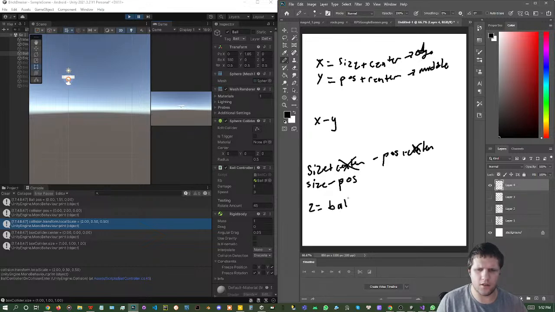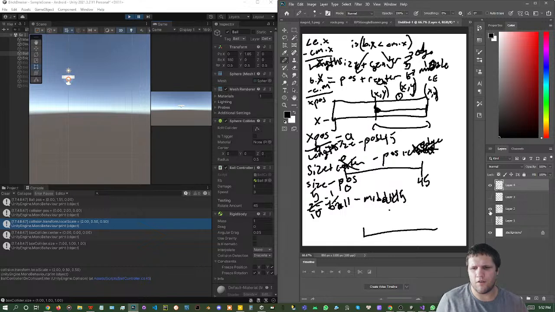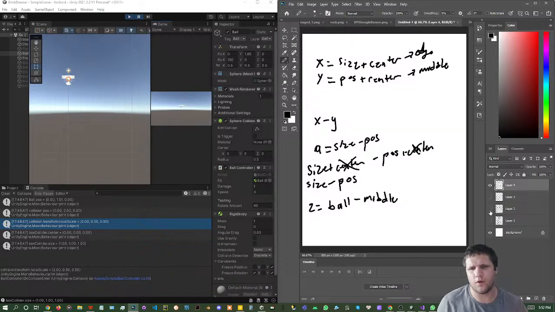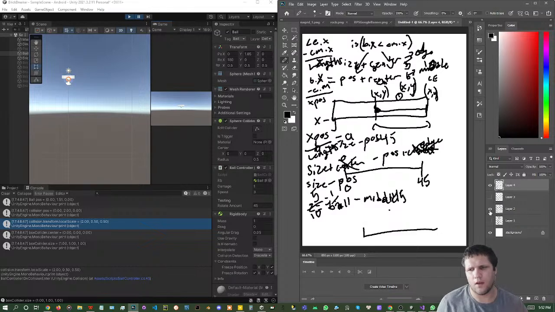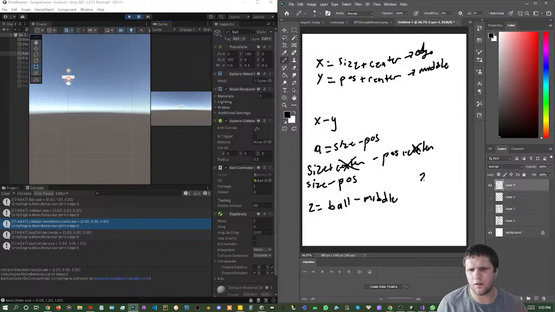And so let's say z equals ball minus middle. I don't know, let's say a equals size minus position. Okay, we have the ball minus the middle. Then we want to do z divided by a.